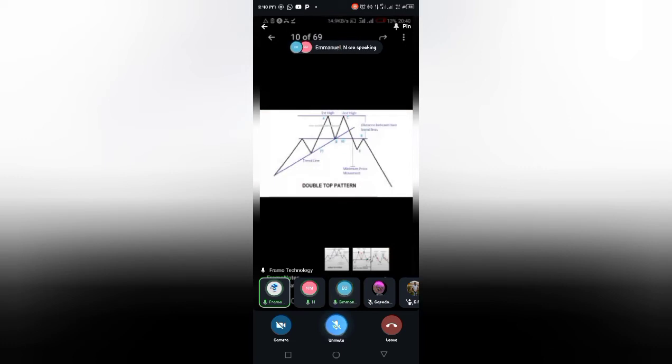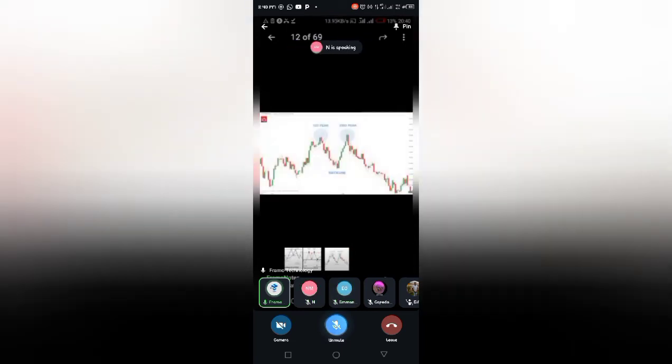So this is a typical double top using candlesticks. You could see there is a first peak and a second peak. Sometimes the double top can form, but the peak won't show correctly like this for you.